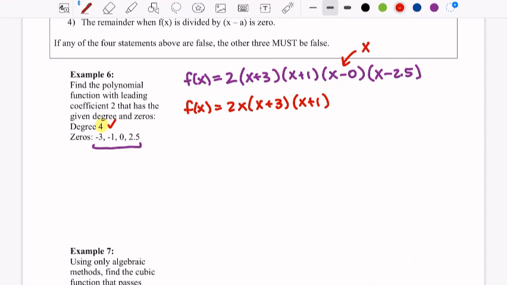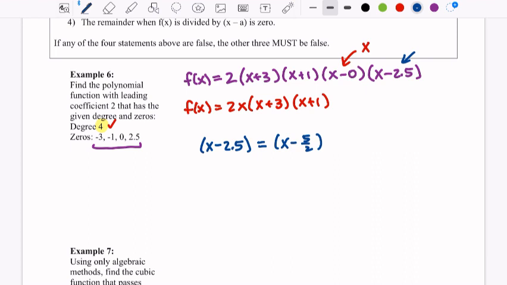The last thing that we're going to look at for this is that x minus 2.5. We do not typically see any sort of decimals in our factors, so we just need to rewrite this term so it doesn't have a decimal in it. x minus 2.5 is also the same thing as x minus 5 over 2.